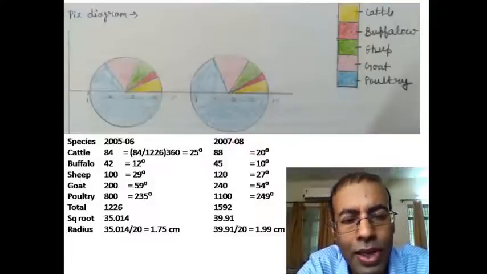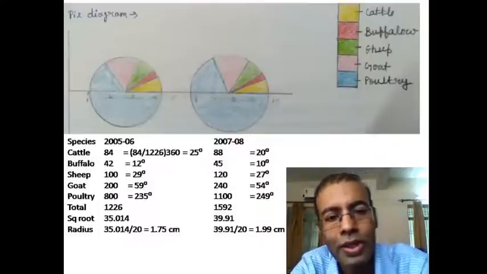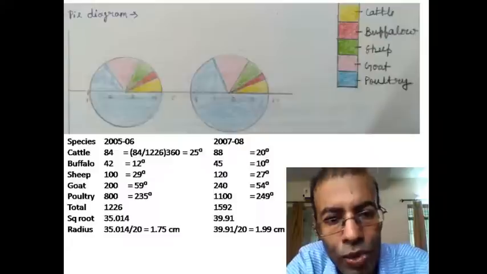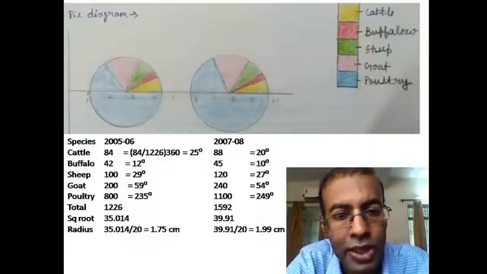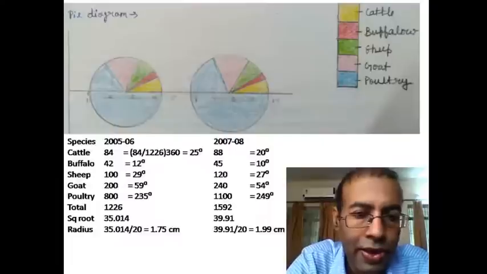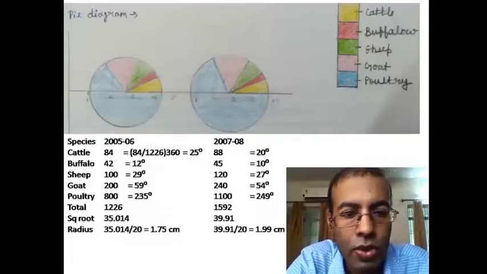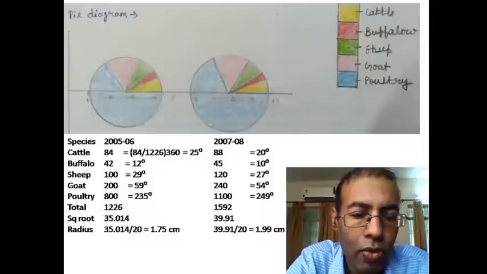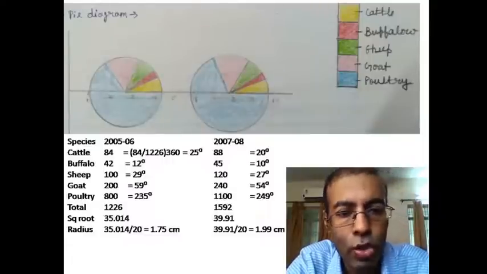Now for making the pie diagram, we will calculate the angles for different species. For the year 2005-6, we have 84 cattle out of a total of 1226.